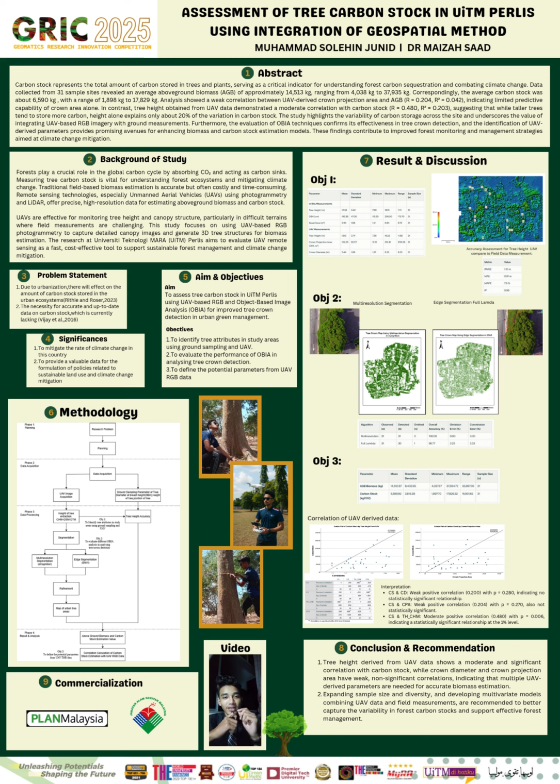The significance of the study is that we want to mitigate the rate of climate change in this country, especially in UiTM Perlis, using field measurements, and we try to get as much data as we can derive from UAV RGB. And also, we want to provide valuable data for the formulation of policies related to sustainable land use and climate change mitigation.